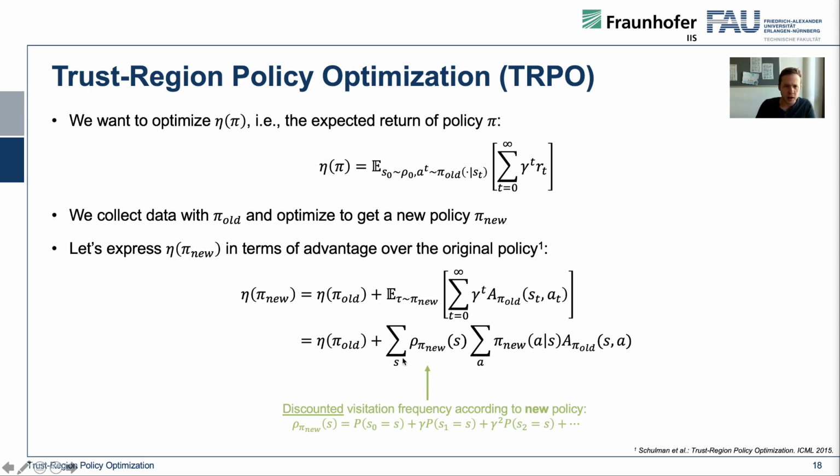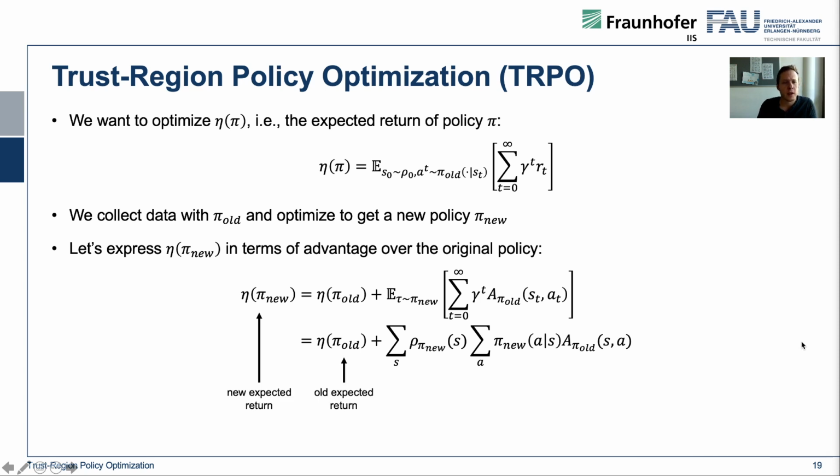If we do this, we can take the sum over all of our actions and take the probability of taking an action under a certain state S times the advantage of this action under this state S. If we sum this up towards the discounted visitation frequency according to the new policy, we can define the expected return of the new policy in terms of the expected return of the old policy. This is an equal formulation.